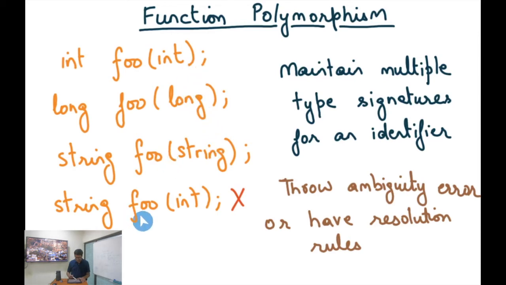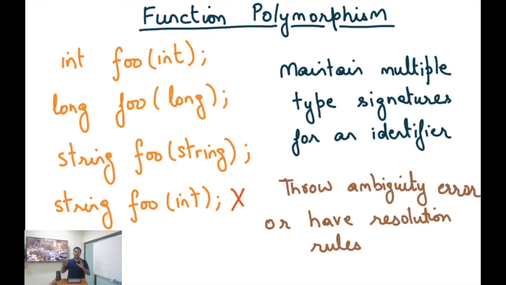But notice that in the fourth case, I have foo that takes integer but returns a string. Now, this would be incorrect because I already have a definition where foo takes an integer argument and returns int, and here foo takes the same integer argument but returns string. So different versions of the same identifier are possible, but they need to have different arguments because otherwise there is no way for the compiler to identify which foo to use, right?